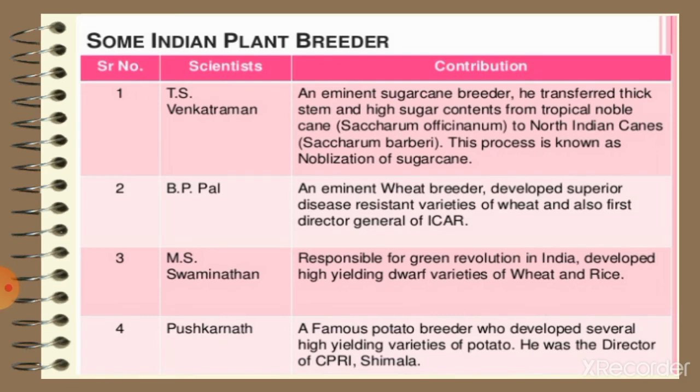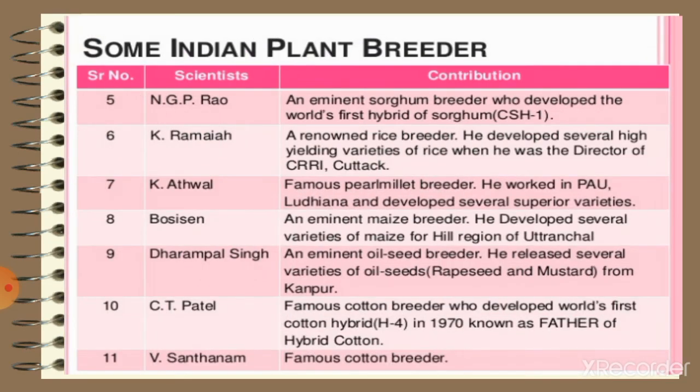Another scientist is Pushkar Nag. He is a famous potato breeder who developed several high-yielding varieties of potato. He was a director of CPRI Shimla, that is Central Potato Research Institute. Next important scientist is N.G.P. Rao.